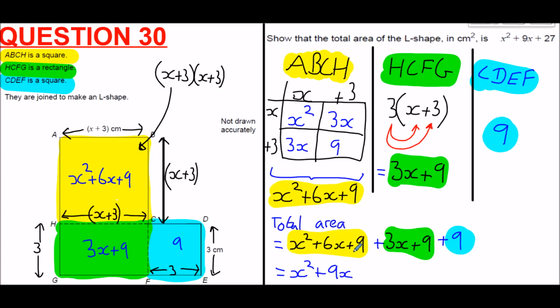And then the units, we've got plus 9, plus 9, plus 9. 9 add 9 add 9 is a total of 27. And so that all simplifies down to give us x squared plus 9x plus 27, which is what we wanted to prove in the first place. So we've proven using algebra that the total area of all this shape is x squared plus 9x plus 27.